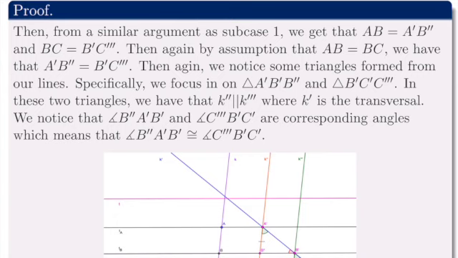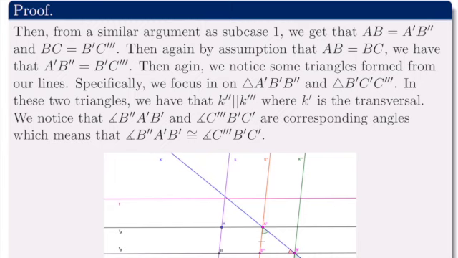So we notice a few angles that are formed, right? So we have angle B prime, A prime, B double prime, and angle A prime, B prime, C triple prime, and so on. Those are corresponding angles, right? So that's going back to theorem part 3, where it says that we have corresponding angles.